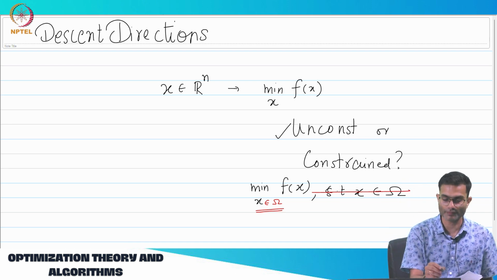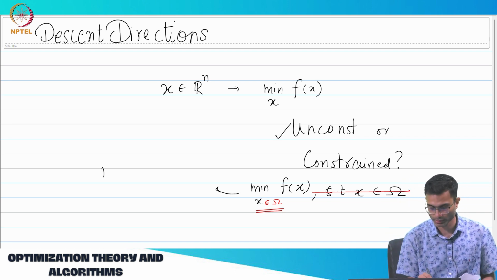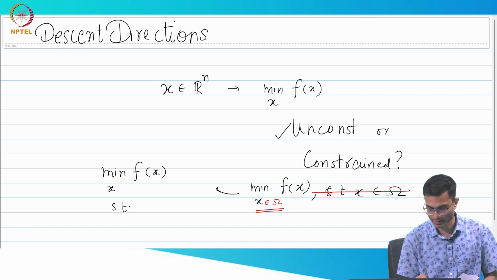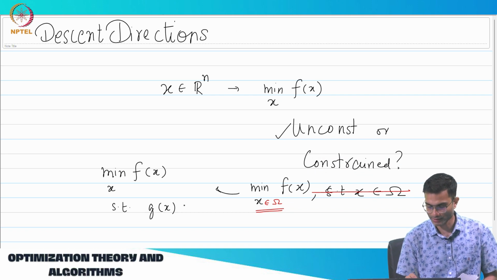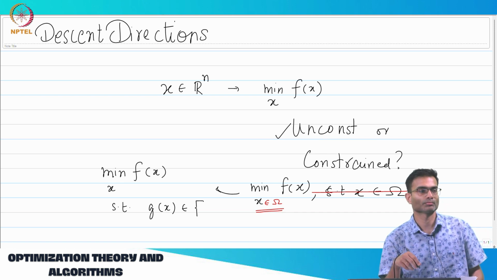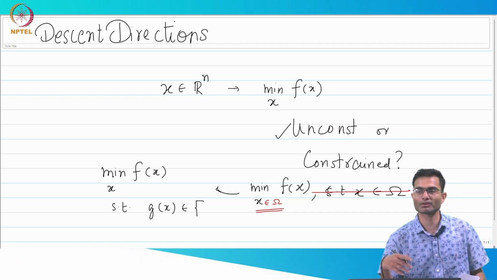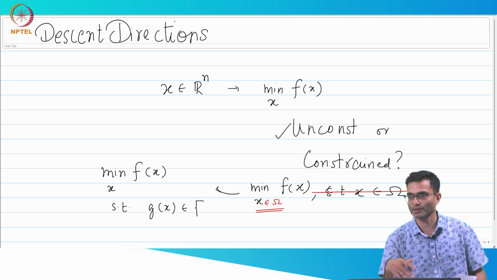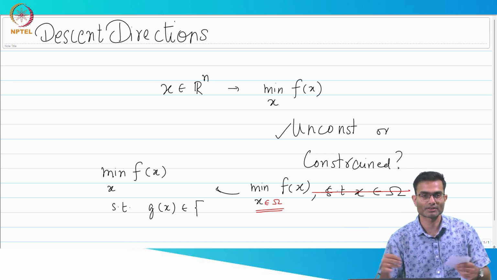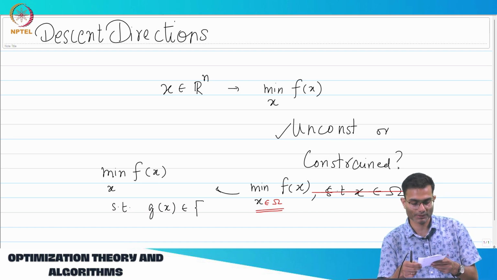You can also have variations of this. You could have, for example, minimum like this and x such that g of x belongs to some set. So this is also a type of constrained optimization, where you're now saying the function of the optimization variable is constrained. So there are all sorts of flavors available.